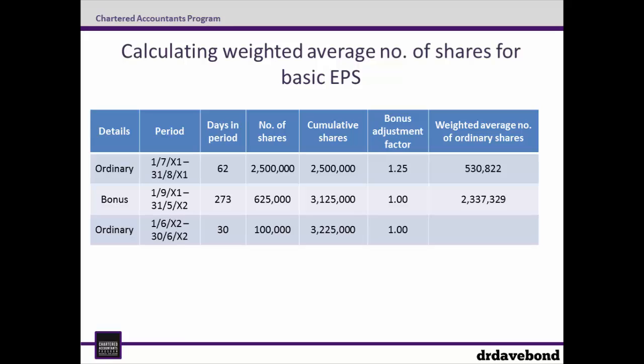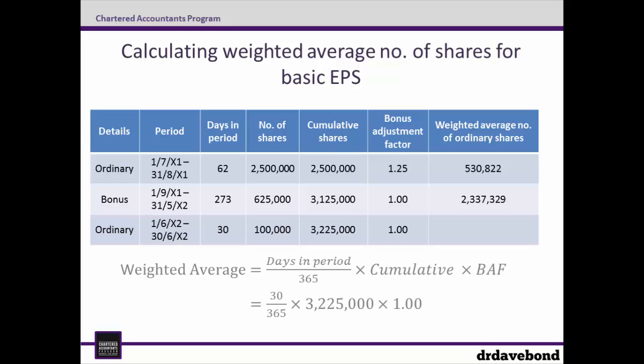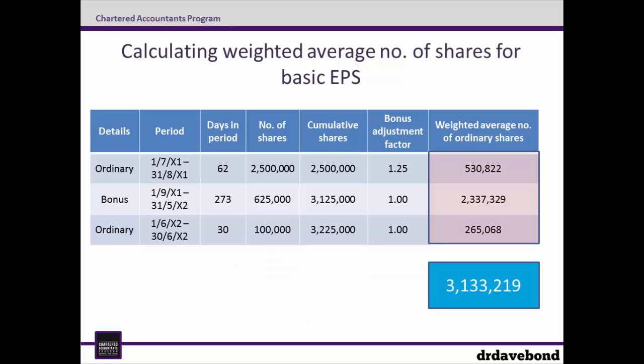We repeat this process for the ordinary shares issued on the 1st of June X2, and this will give us 265,068 shares. We then add the weighted average amounts together, and we end up with 3,133,219 shares, which is the same as what we had worked out earlier.